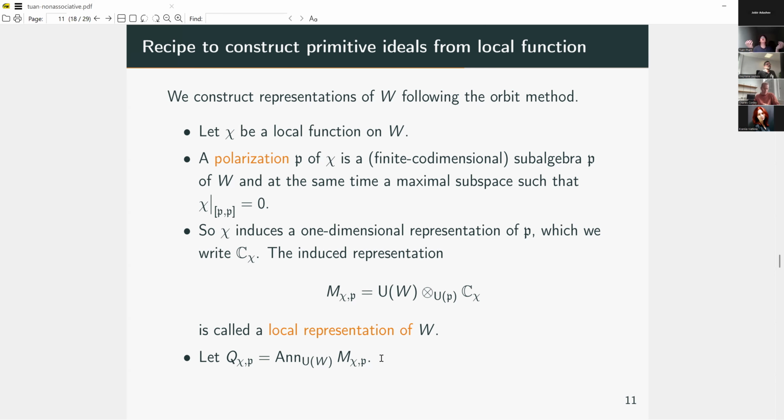This is known as the orbit method. So let chi be a local function on W. A polarization P of chi is a finite codimensional subalgebra P of W, and at the same time, P is a maximal subspace such that chi vanishes on the derived subalgebra.